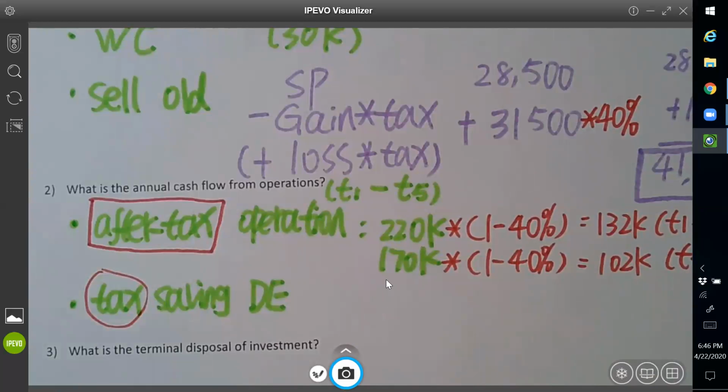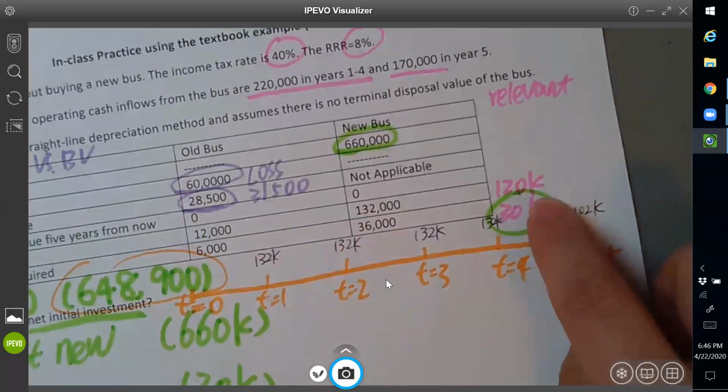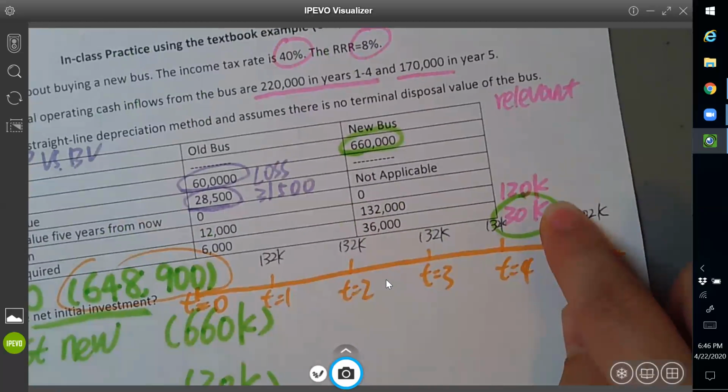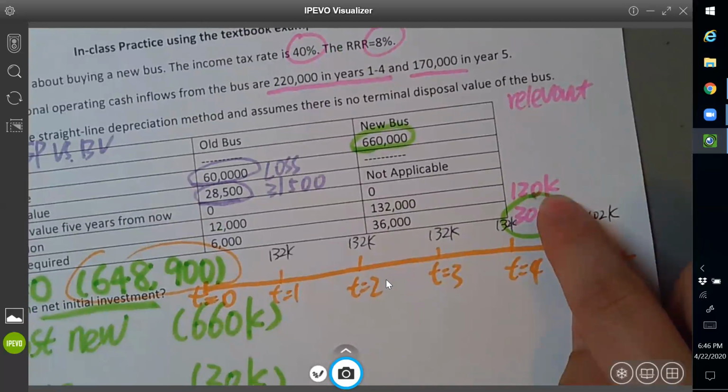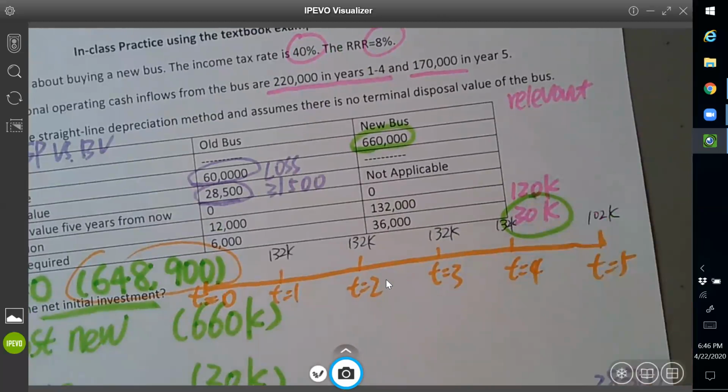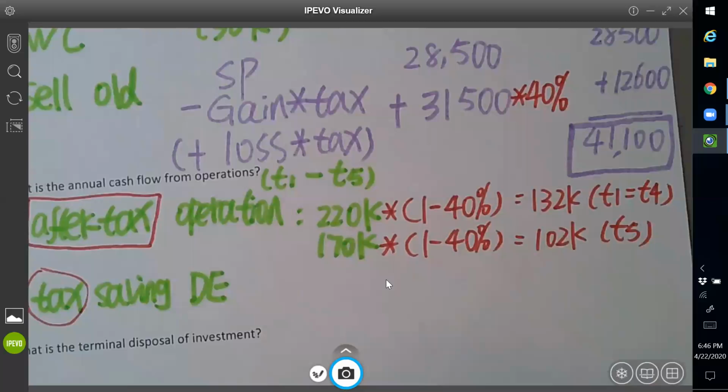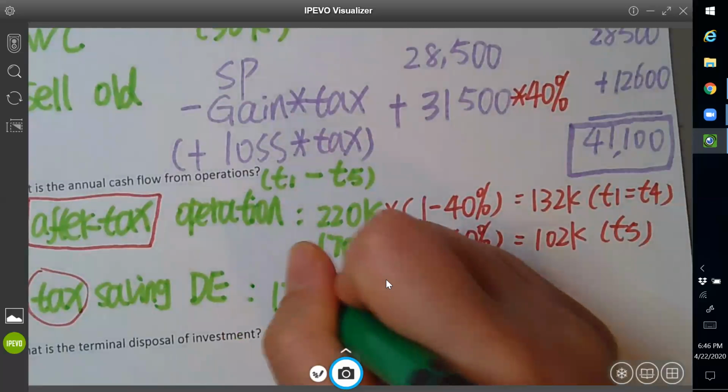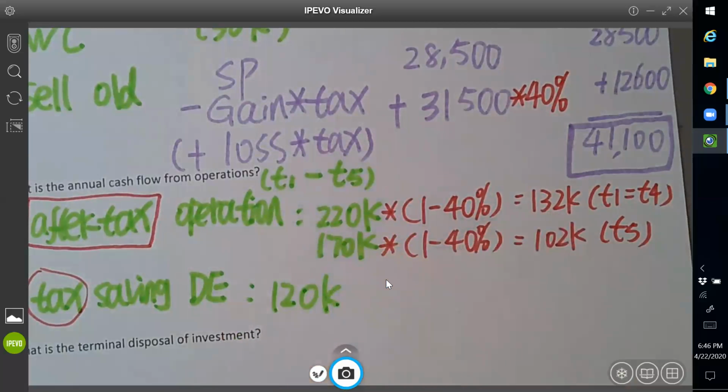Why do we have this? Because of the new bus, every year we have an extra depreciation expense of 120,000. You have extra expense that will decrease your income, so you pay less tax. You have a tax saving from the depreciation expense. Do we save all of 120,000?